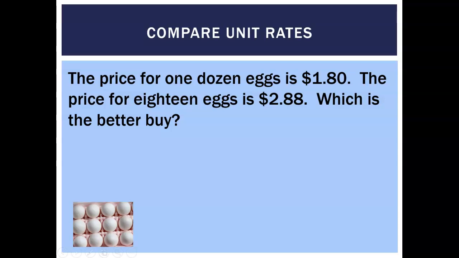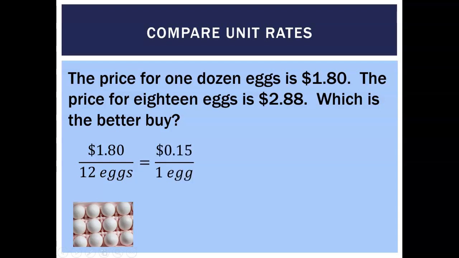To determine which is the better buy, let's compare the unit price, or the price for 1 egg. We'll start with the rate of $1.80 for 12 eggs. 12 eggs equals 1 dozen. We will then divide $1.80 by 12 and find that it is 15 cents for 1 egg.